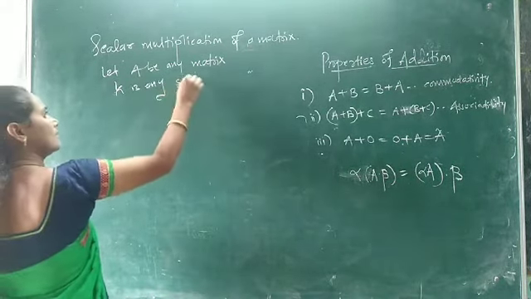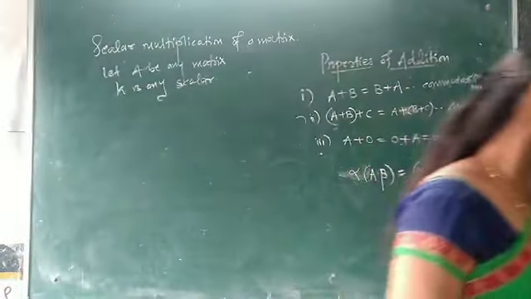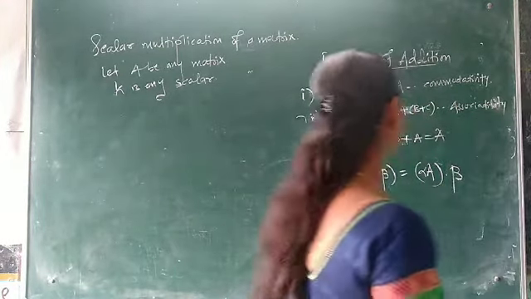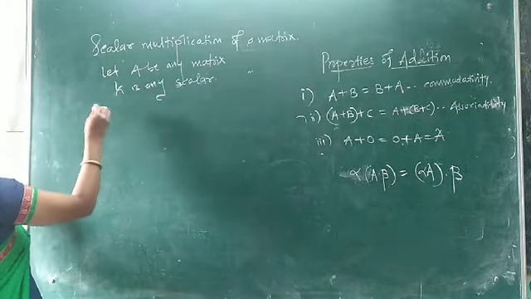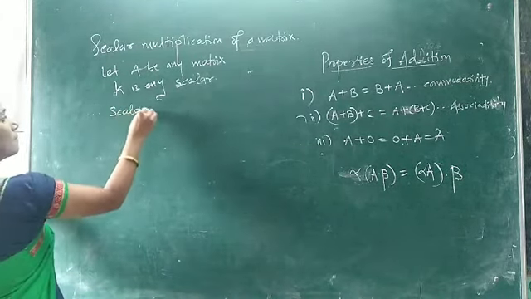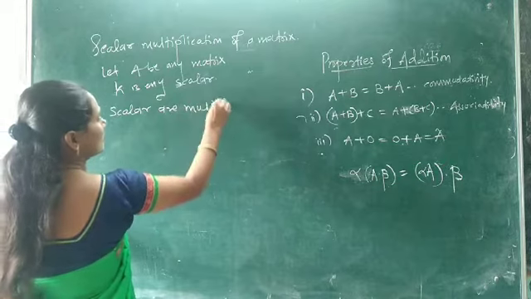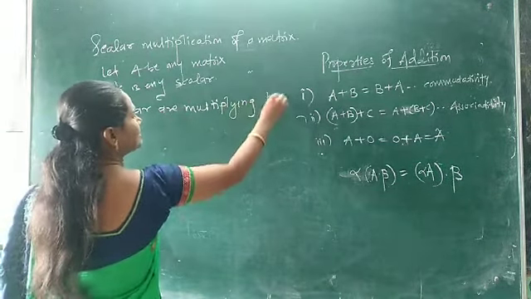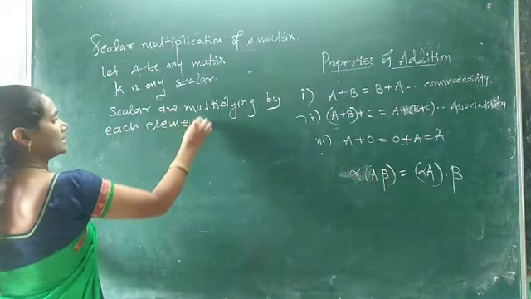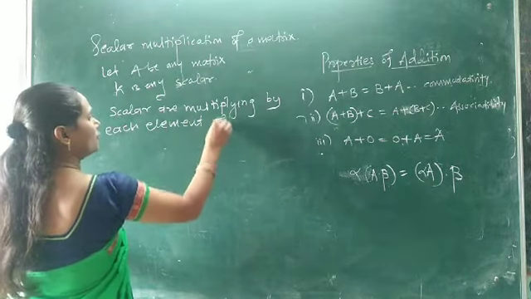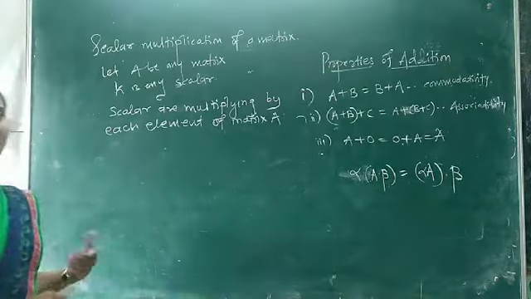Scalar means constant. Then scalar multiplication means multiplying the scalar by each element of matrix A. Then we obtain the scalar multiplication.